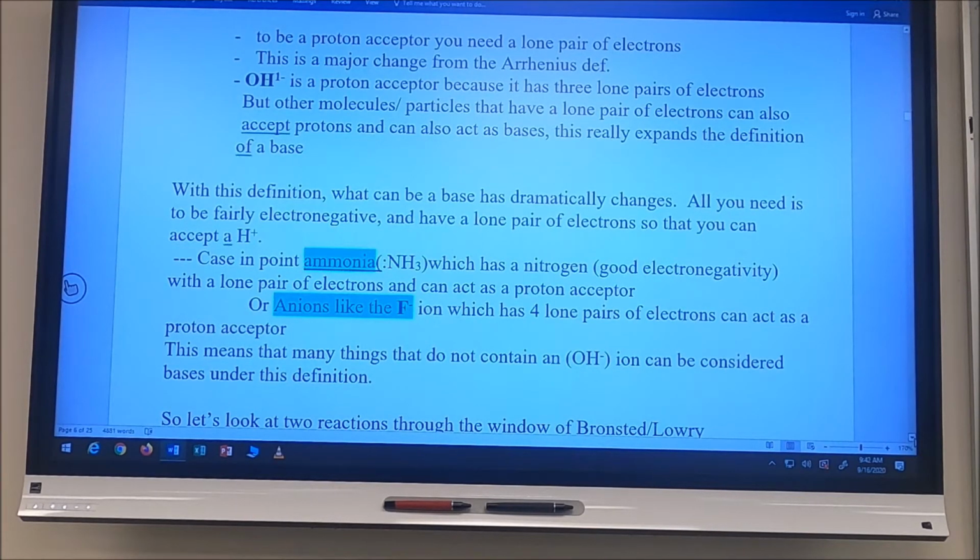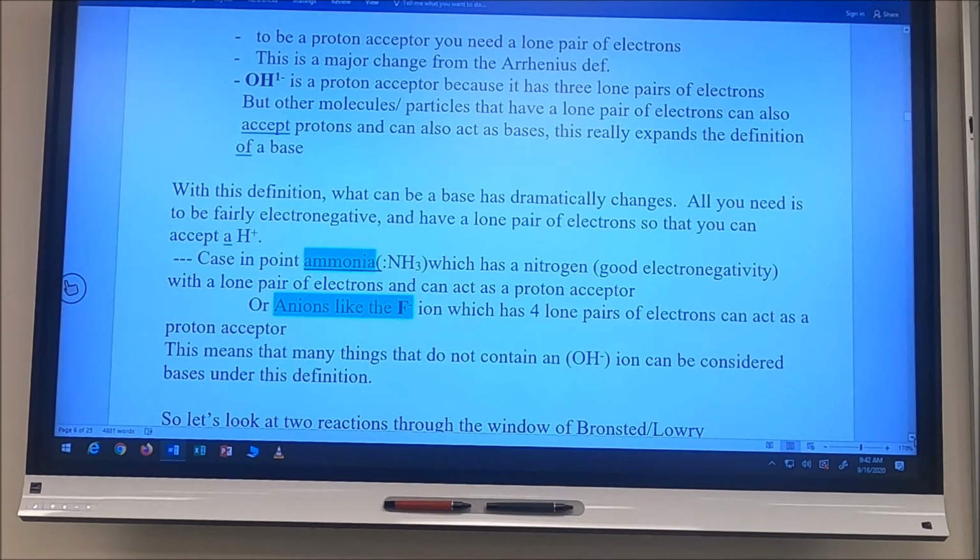And if we look at ammonia, we can see that ammonia has a lone pair of electrons on the nitrogen. And remember, nitrogen is a fairly small atom, it's fairly electronegative, and so it can have a strong attraction for a hydrogen-starved atom. Okay, and it can pull that nucleus, essentially the proton, away. So the ammonia can act as a hydrogen ion acceptor.